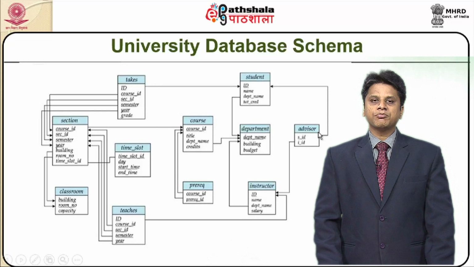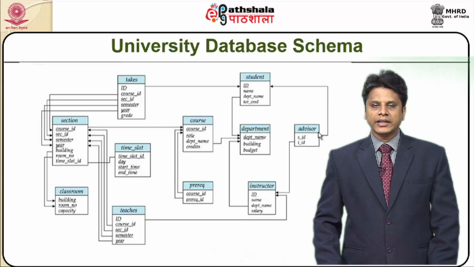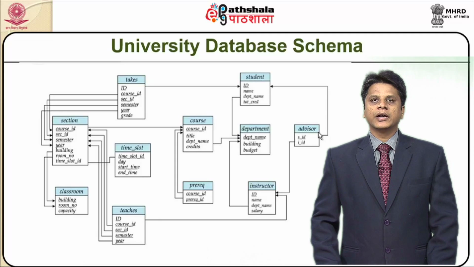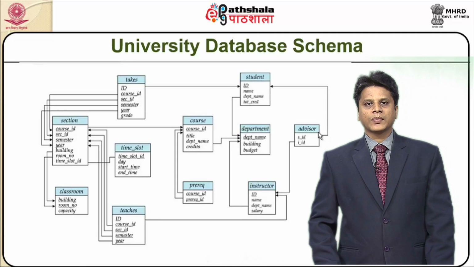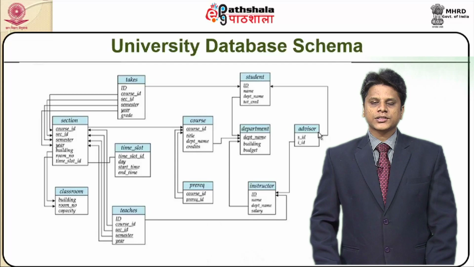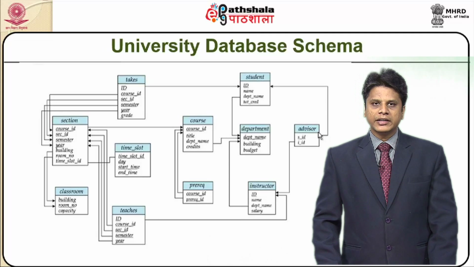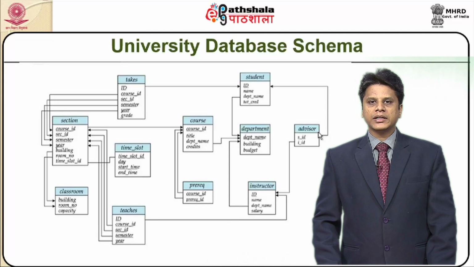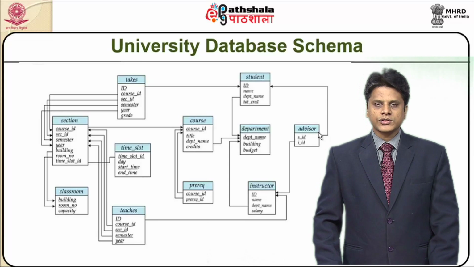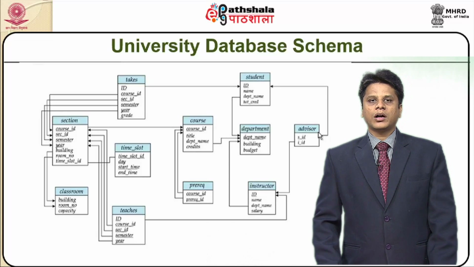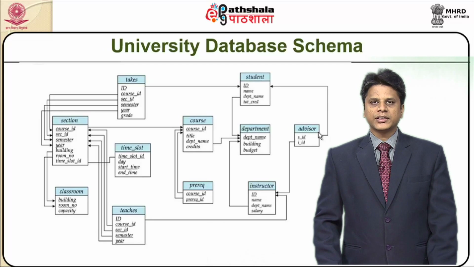So, this is a simple representation of an entity relationship diagram which we will be taking up in later sessions, but this gives us a clear structure of how databases are connected. Now that we have got different entities like student, department, instructor, advisor, course and others, how these are interlinked is the representation that we gain from a schematic representation.